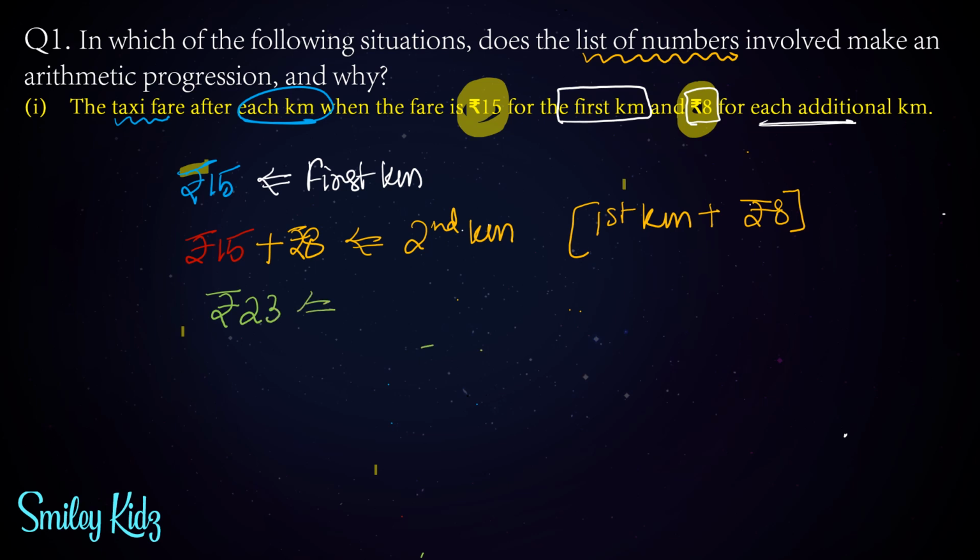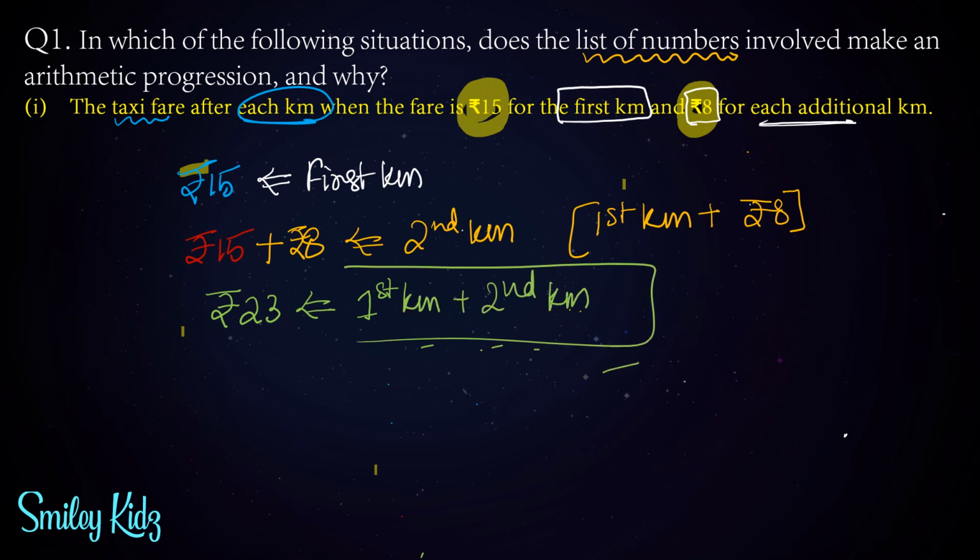Isn't it? Rupees 23 is first kilometer plus second kilometer. First kilometer is rupees 15 which is already known. But for the second kilometer, the additional 8 rupees are being added, isn't it? So the final cost for both the kilometers is rupees 23.